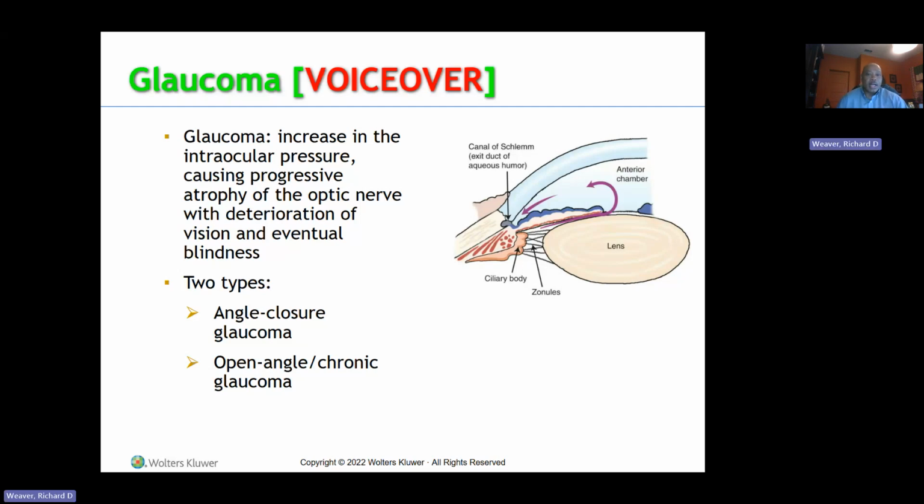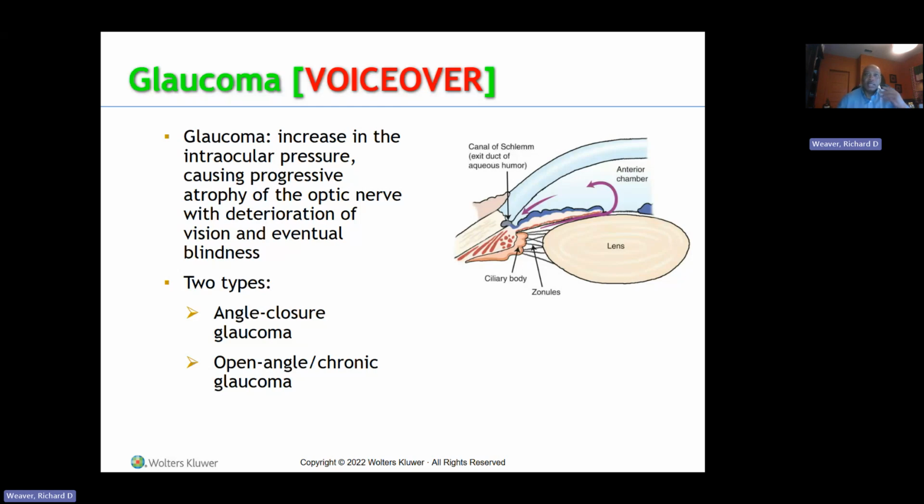All right. So glaucoma is a condition of the eye in which there is an increase, as I mentioned, in intraocular pressure. And what happens with this significant pressure increase is that it causes progressive atrophy, meaning it makes something smaller, of the optic nerve.